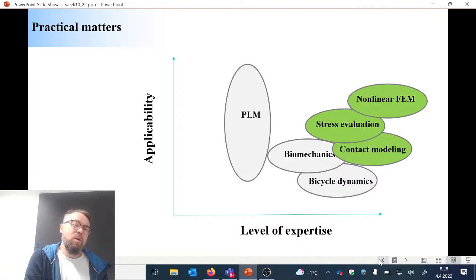The y-axis is how well it can be applied to a wide variety of different applications, mainly industrial applications. You see that bicycle dynamics is a little bit limited. It's not just the bicycle. It can be applied to other vehicles too, but still it's nowhere near as wide as biomechanics.